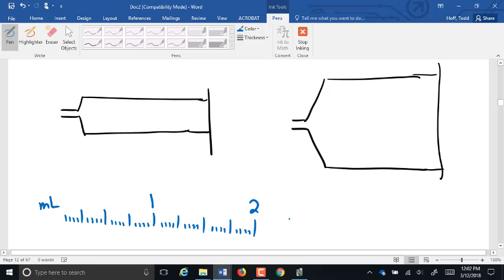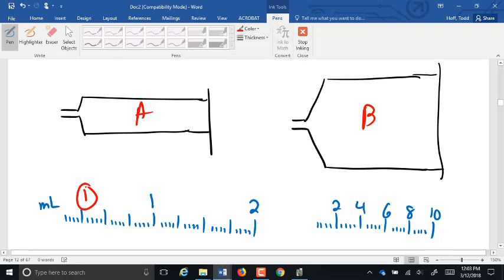And the other syringe is going to be labeled 2, 4, 6, 8, 10, like that. So if I label these syringes A and B, this first scale, does that match up with syringe A or syringe B?